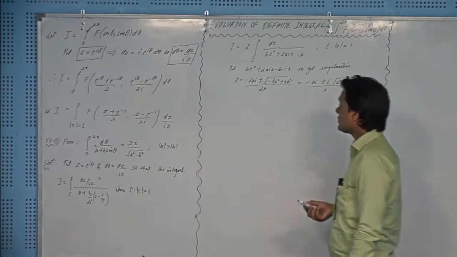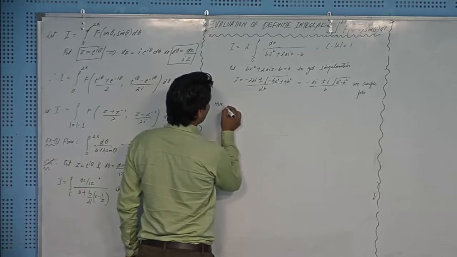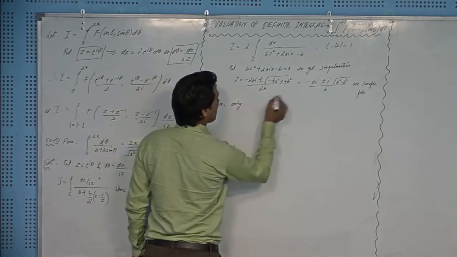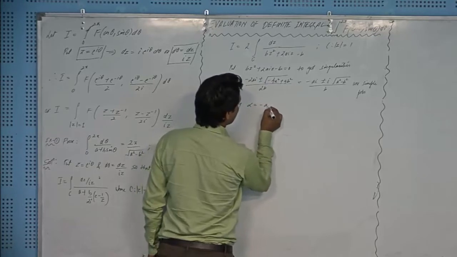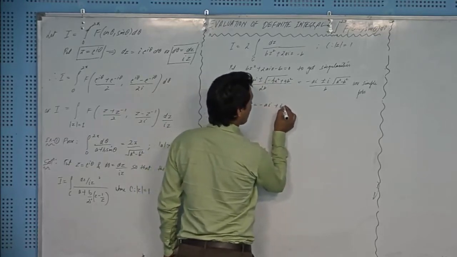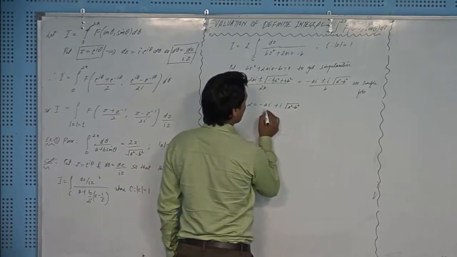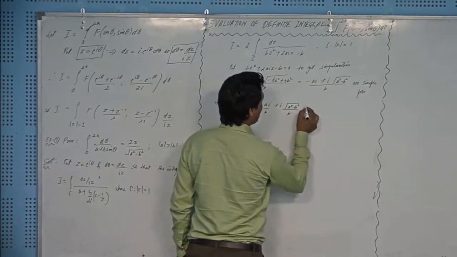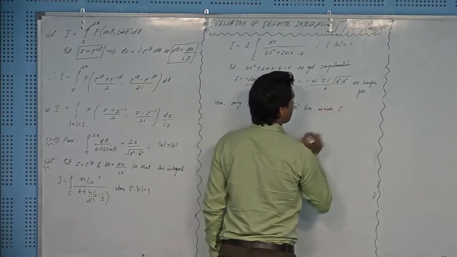So we have two poles here only. The first pole, let it be alpha, minus a eta plus eta under root a square minus b square over b, lies inside C, right.